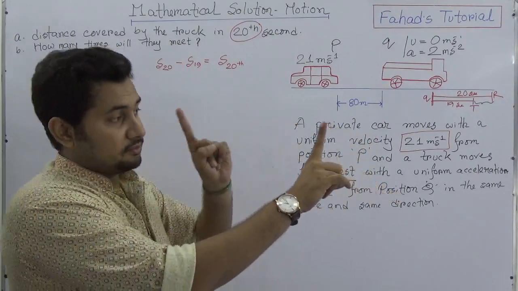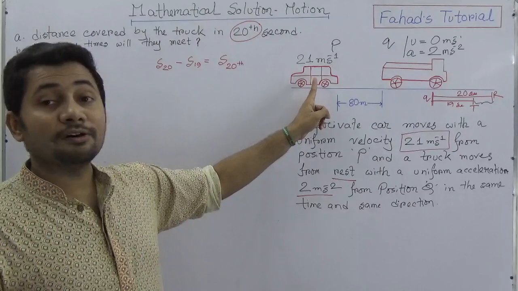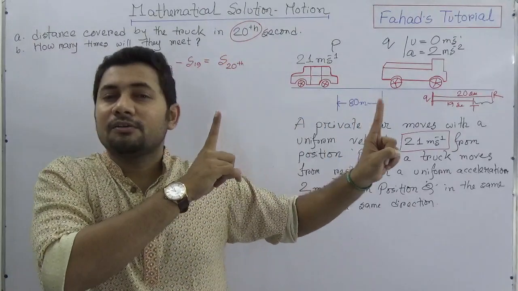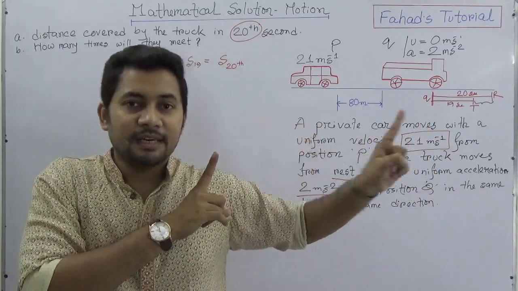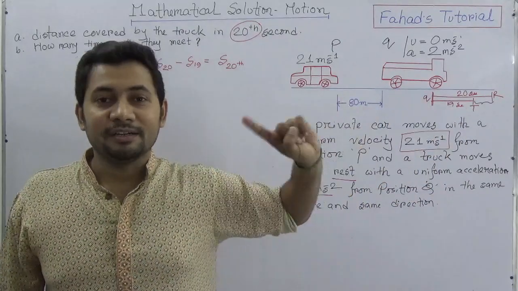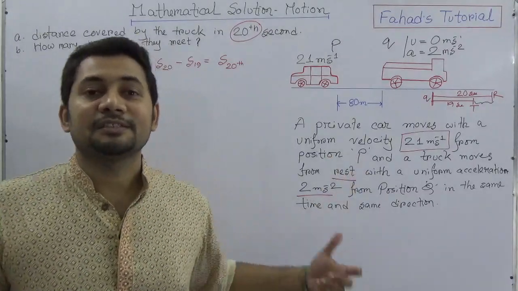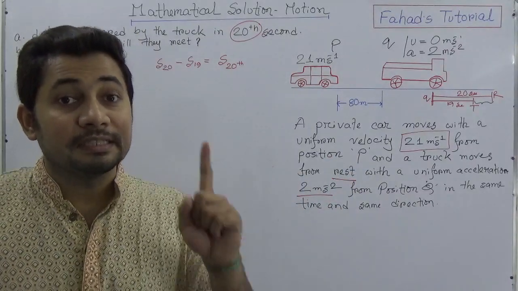But when the truck gains the velocity of the private car, the truck will cross the private car, and then the truck will move on, and the private car will not reach the truck again, because the truck is moving with acceleration.